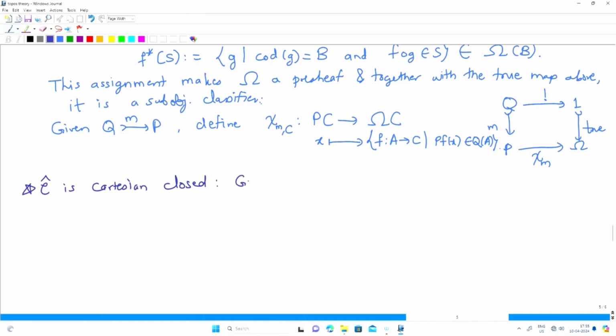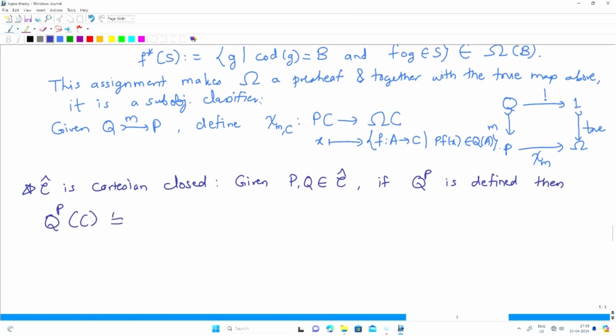So given P and Q in C hat, objects of C hat, if Q to the power P is defined, what will be Q to the power P of C?